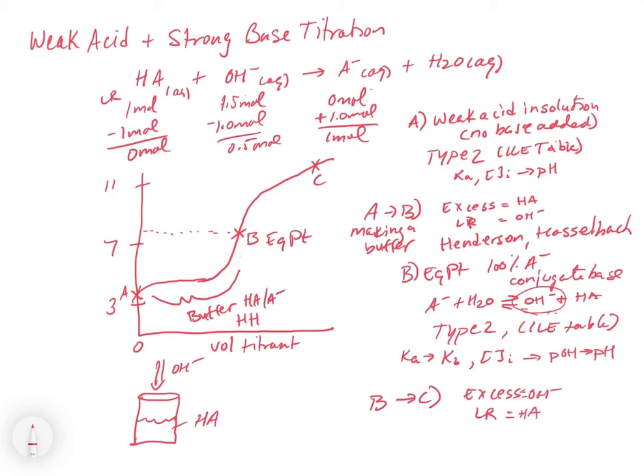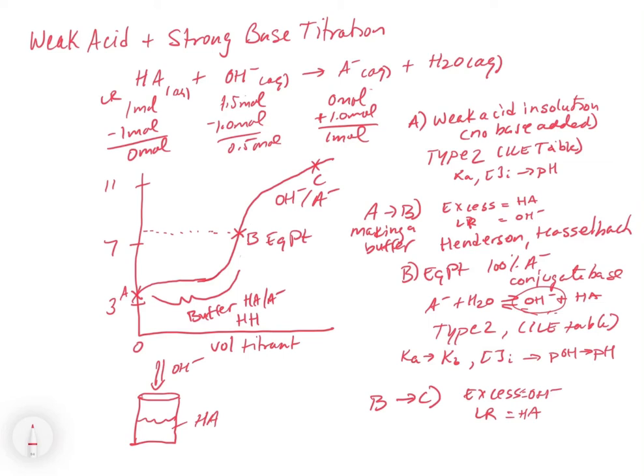So what we have in solution is a mixture of OH minus and A minus. Now, in theory, you could set this up as a full-blown common ion problem. If you go back and look at the case where we have a strong acid and a weak acid present together, we found that because the strong acid is strong, it controls the pH.